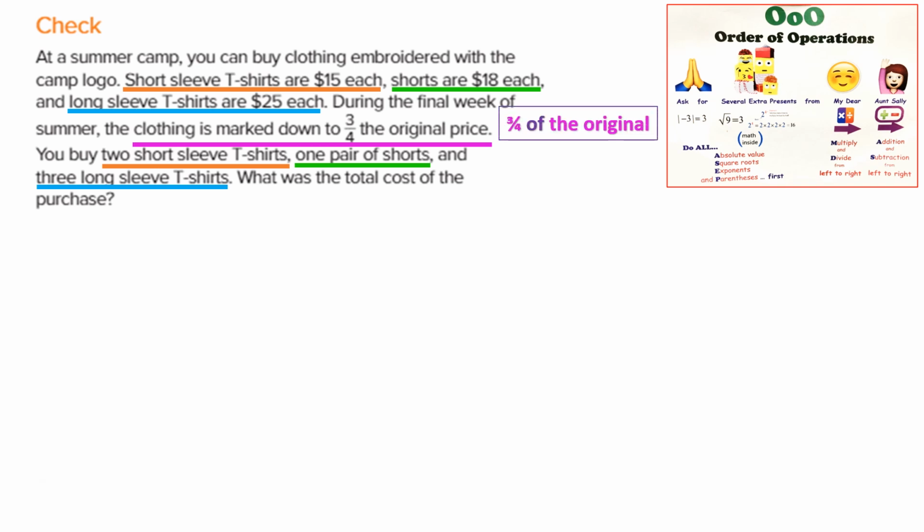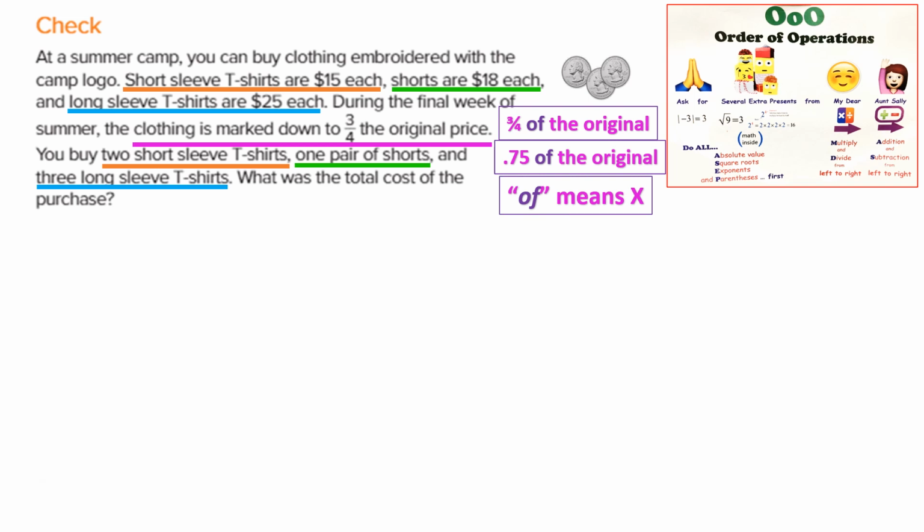So 3/4 of the original means what? Well, we know that, as we talked earlier, 3/4 is 0.75, and we find 0.75 of the original. Well, what does of mean? Of means multiply, like we've talked about since the first month of school.